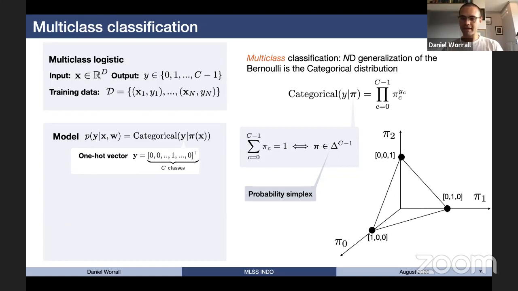If you have 3 axes, pi_0, pi_1, pi_2, then all of the vectors which sum to 1 live within this sort of triangular space spanned by these 3 points here. And the categorical vectors actually live on the tips of this triangle. In higher dimensions, you can't draw this.